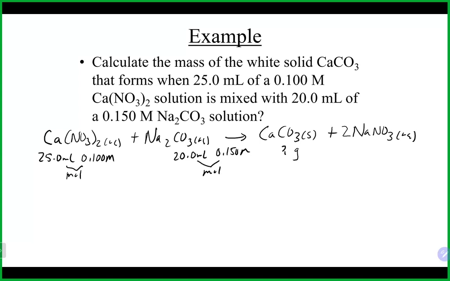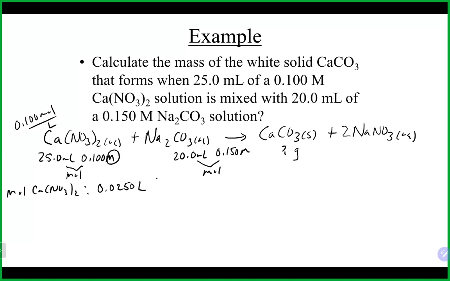So we still do really the same steps. We got to get each of these into moles to start with. So we're going to convert our volume here, or we'll do our moles of our calcium nitrate. We do need to convert our volume into liters, so divide it by 1,000 gets you 0.025 liters. Once again, I'm going to get rid of the big M and remind you that again, that is moles per liter, so you can see both of the units there.